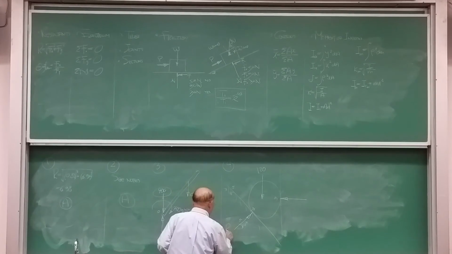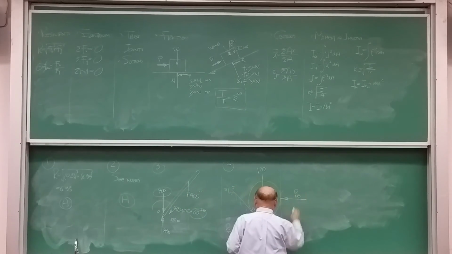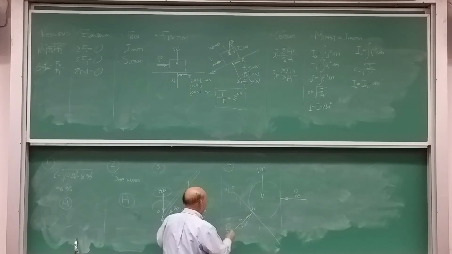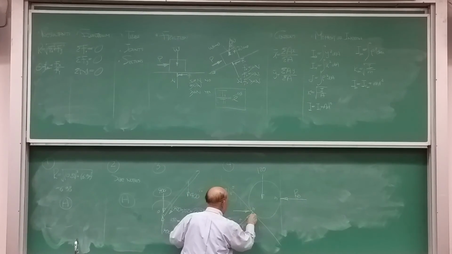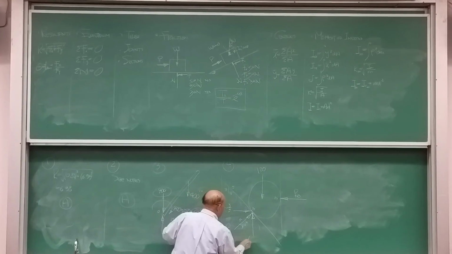So this is a reaction at A, reaction at B. The question is, what's the reaction at A? Why not the X and Y component? So this is R sub A, that times 3/5. This one is 4/5.